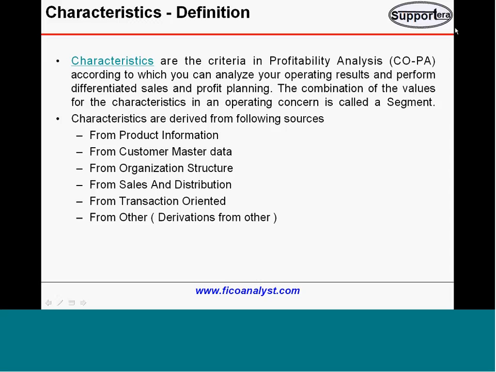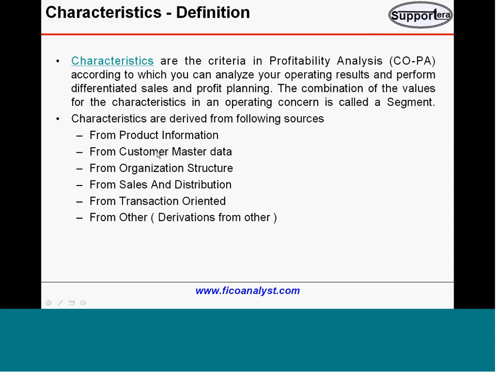They come from customer master data information, organization structures, and the sales and distribution module, or anything transaction oriented, and they may also be derived. They need not be a product and all that, so they can be derived. So when we think of characteristics, pretty much it's what criteria you are analyzing, right?